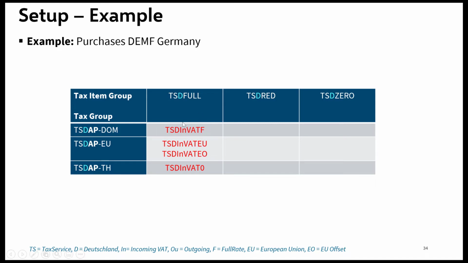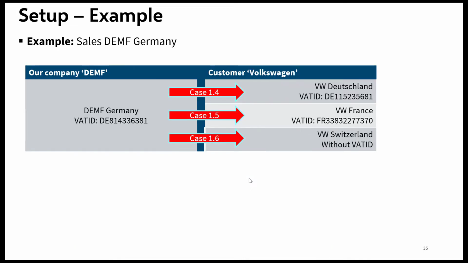All of these tax codes are assigned to the full tax rate. It's not really necessary with the new tax service, so here you have really more freedom how you can do that. I will explain this a bit later in more detail. But that's the setup that I used. I want to keep it basically very simple.